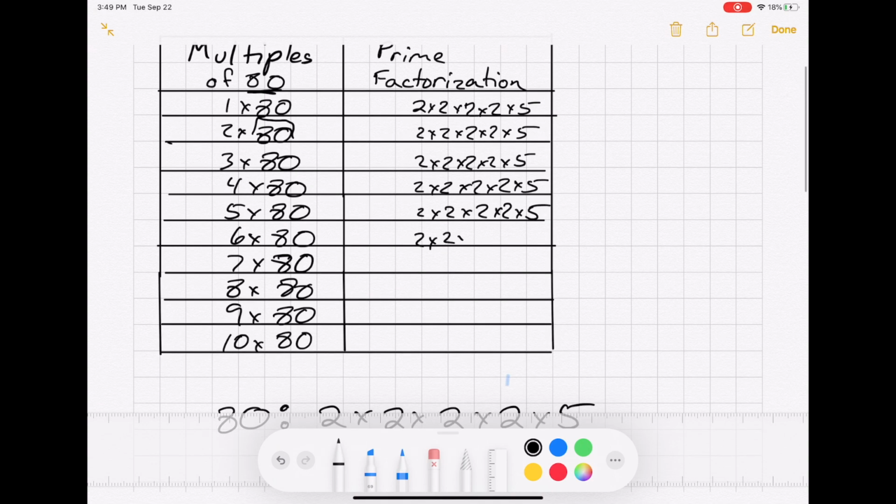So now when I'm looking at the multiples on the left-hand side, I am going to have to change the number that we multiplied it by into its prime factorization as well. So 2 times 5, and 2 times 2 times 2 times 2 times 5.